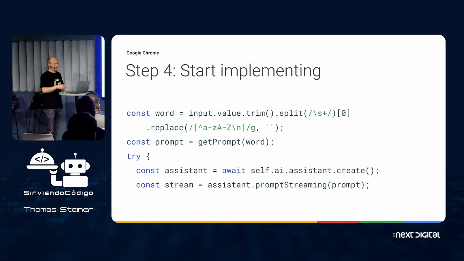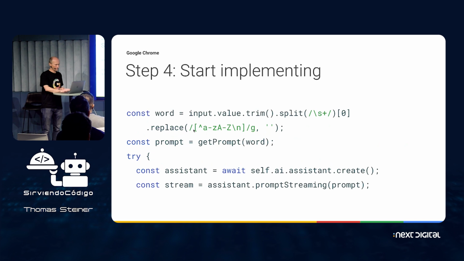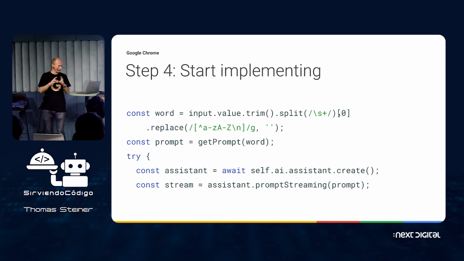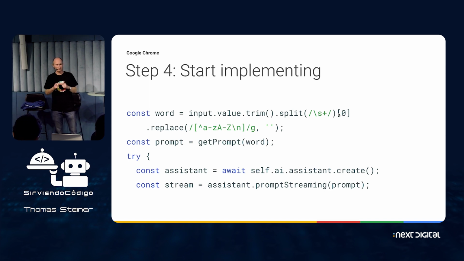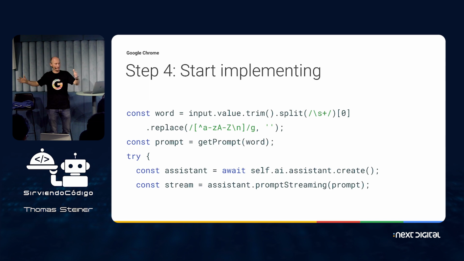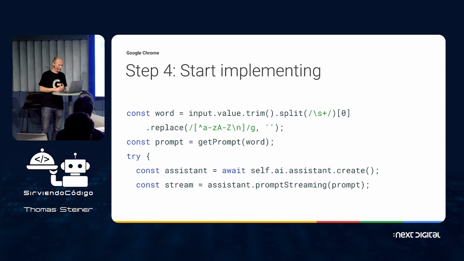So I'm only accepting letters, and only the very first word. I'm splitting at the space or any kind of space character, and only accepting the very first word. I really want it to be a very simple application: one word, and then synonyms for that word. Not an entire sentence, really just something very simple.